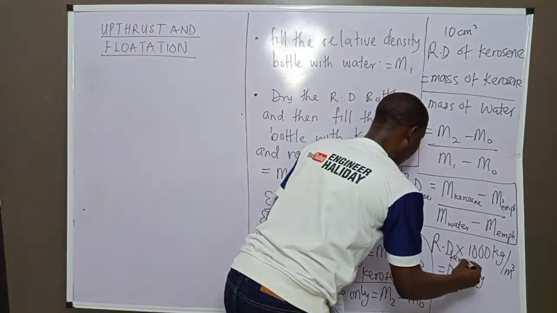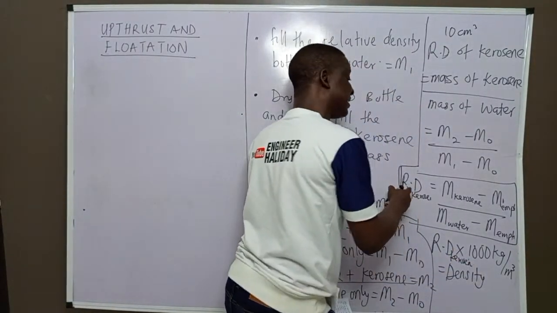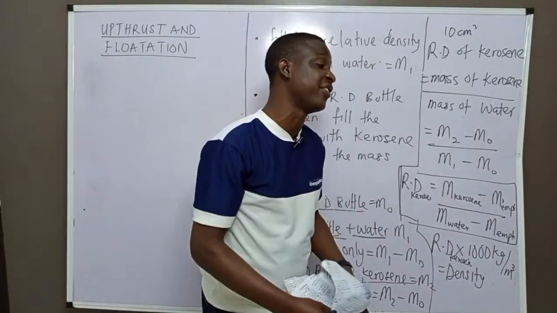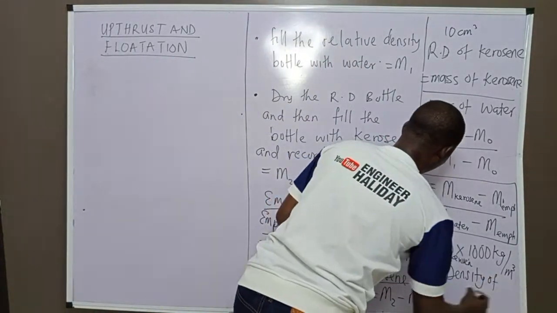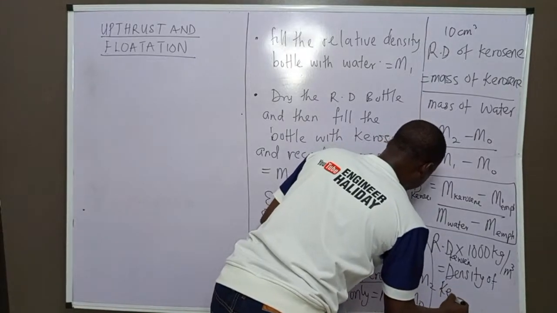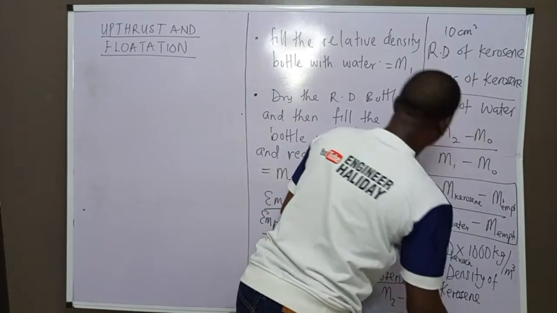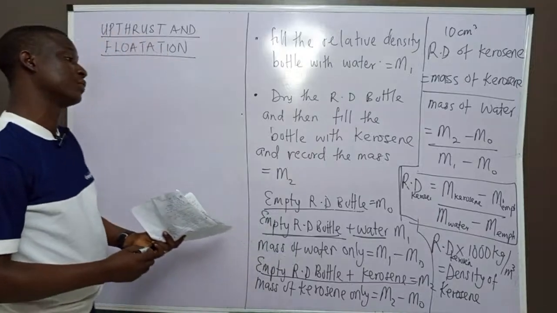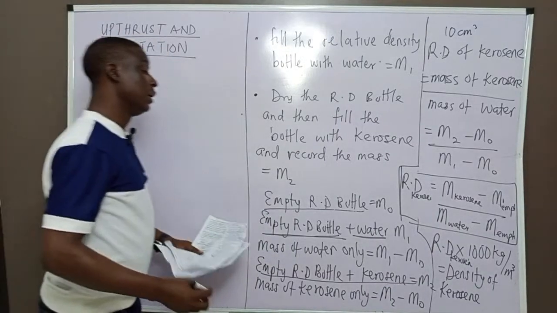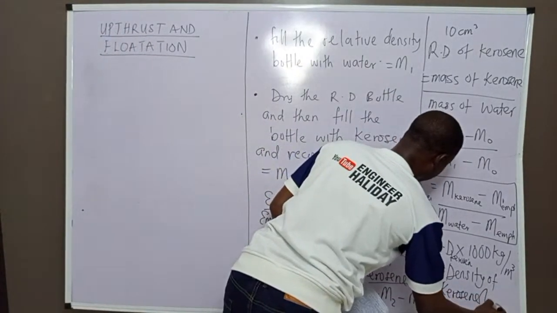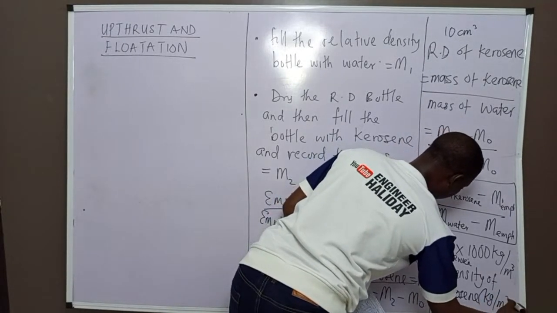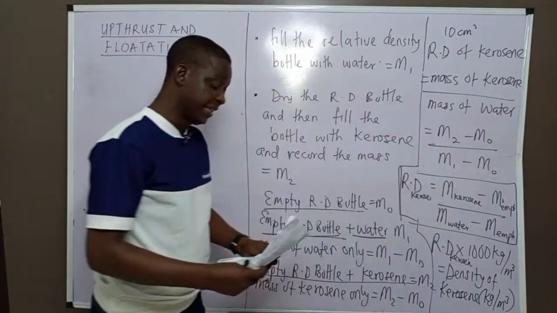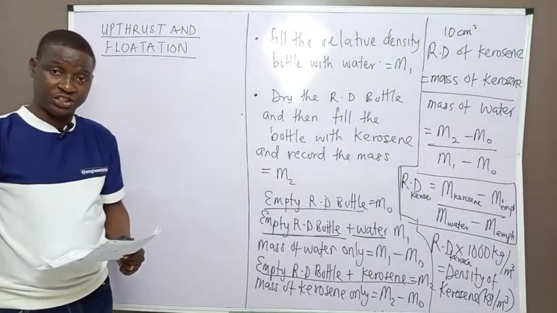If you can get the relative density of kerosene, you can get the density of kerosene. How? Just multiply the relative density of that kerosene by 1,000. You have gotten the density of kerosene in kilogram per meter cube. I pray God will give you understanding as we go, in Jesus' name.